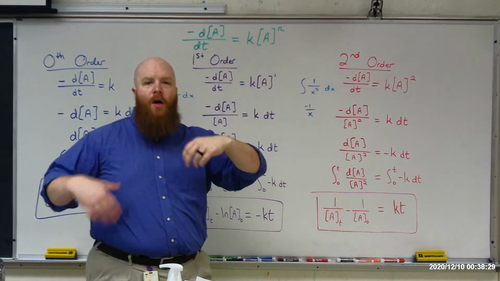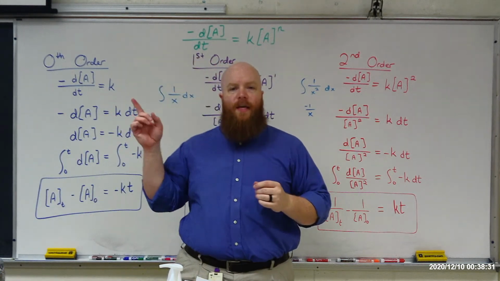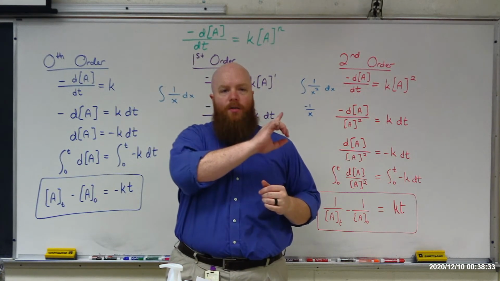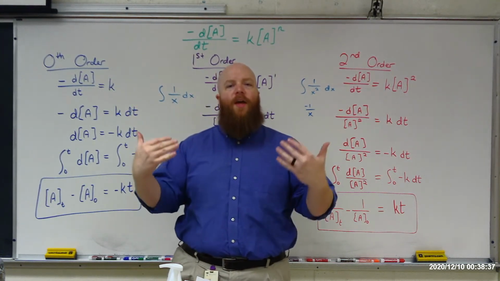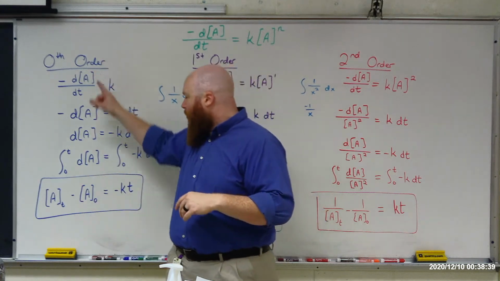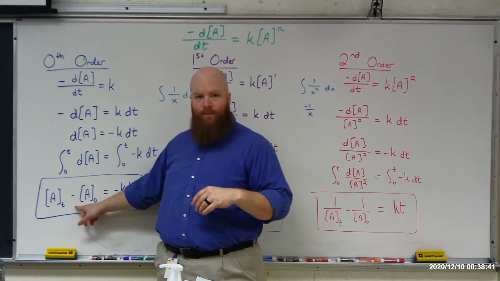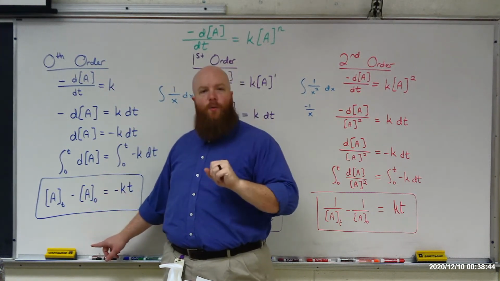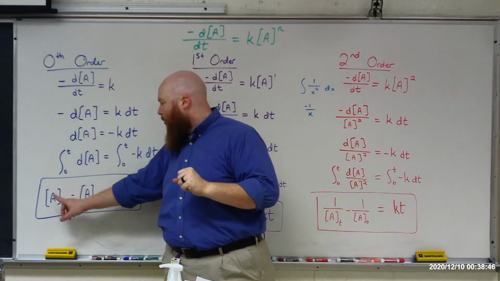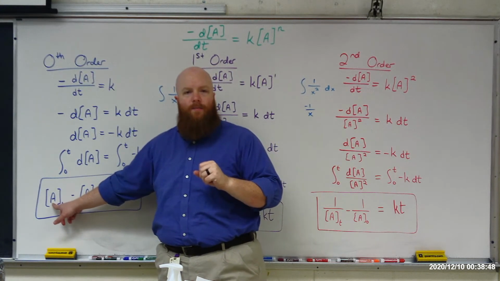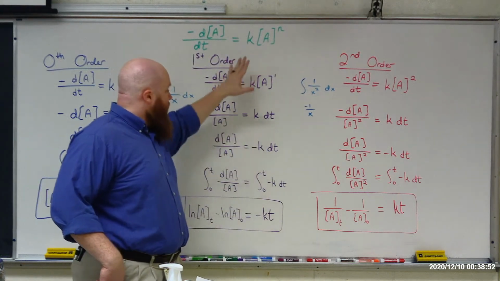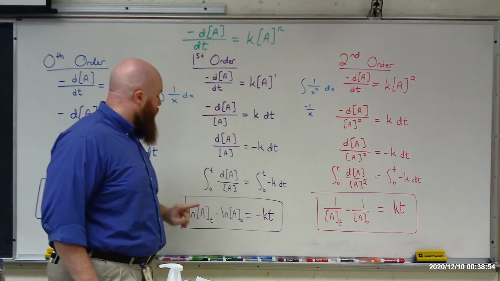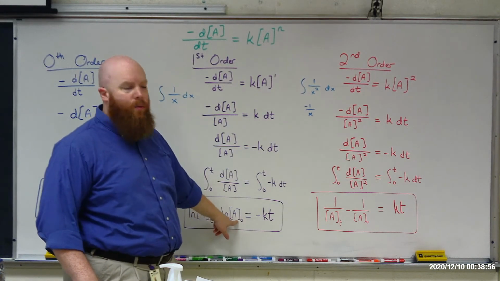A few things to note: these three orders only work for the order that they are written for. I can only use this equation if the reaction in question is 0th order with respect to this reactant. I can only use this equation if the reaction in question is 1st order with the reactant that we're worried about.